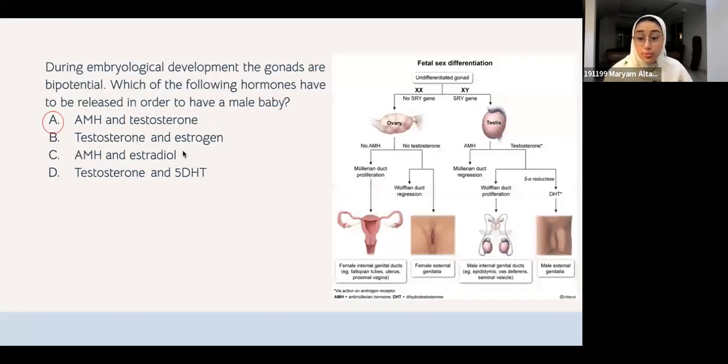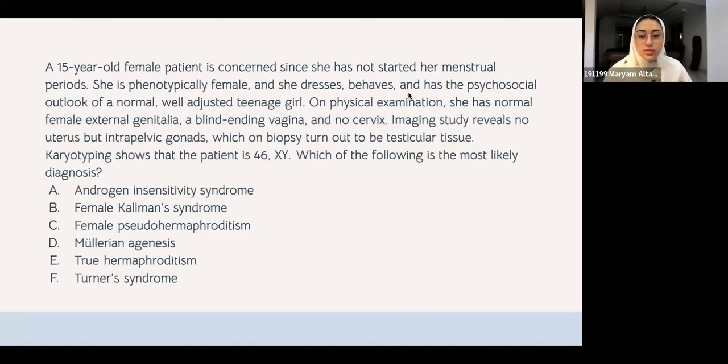Okay, no problem. Okay, so this is a bit of a long-winded question, but bear with me. I hope, through this, you guys are able to get the concept of what's going on exactly. So a 15-year-old female patient is concerned that she has not yet started her menstrual cycle. She is phenotypically female, meaning externally she looks like a female.